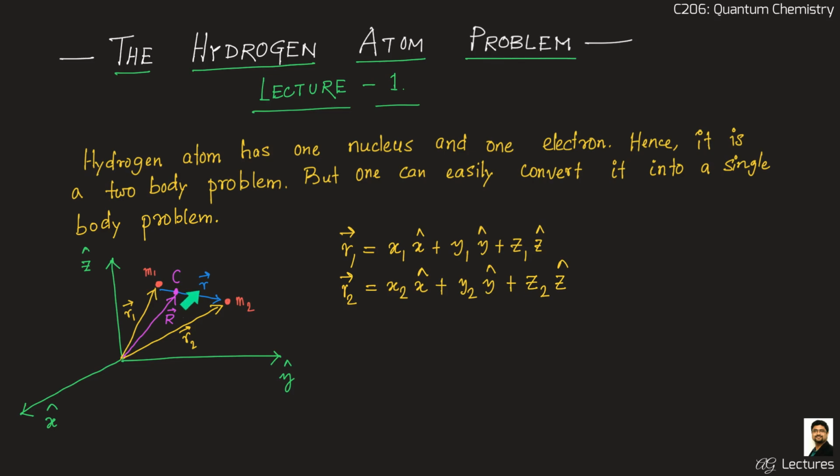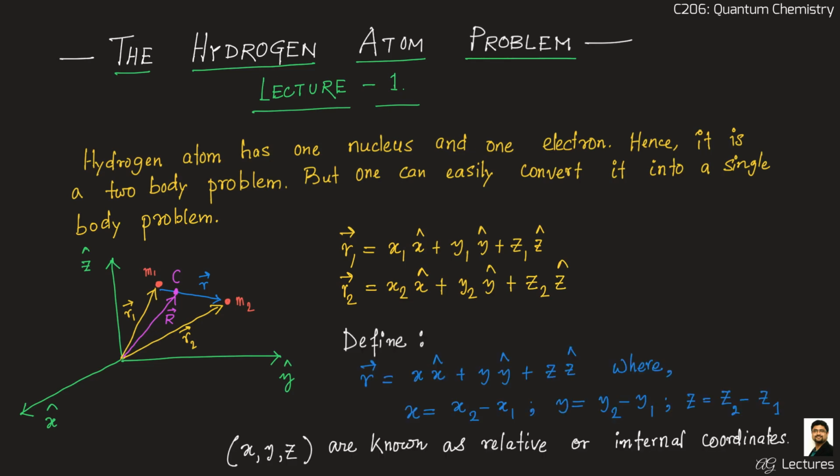One is this R, and this is capital R. So the small r vector is defined in this manner, where the coordinates x, y, and z are represented as the difference of the x coordinates and y coordinates and z coordinates of the two particles.